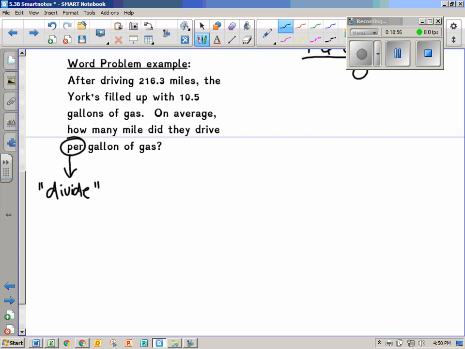So if I have this one: on the average, after driving so many miles, the York family filled up with 10.5 gallons. On the average, how many miles did they drive per gallon of gas? Well, so you want miles per gallon.